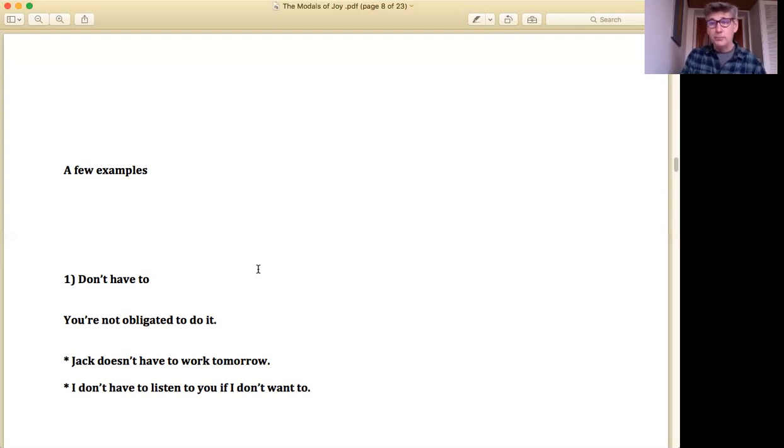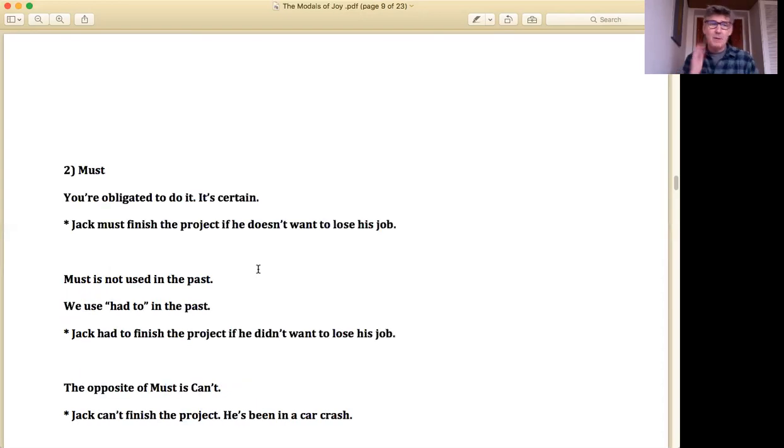Also have to functions as a modal verb. I have to means that, well, let's go to must, because must and have to are very similar, especially in American English. In British English, there's more of a difference. They use must in a lot of places. We don't. We would just use have to.